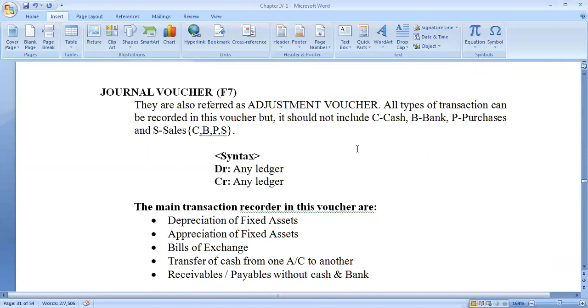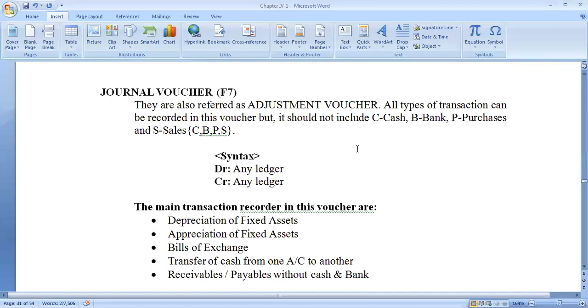Now, this is about the journal voucher. The journal voucher is with the F7 feature. So what actually is this journal voucher? Journals are certain adjustment entries which do not involve cash account and bank accounts, like the provision for liabilities, depreciation, etc. So, for example, any bad debts written off or any depreciation of fixed assets will be recorded in the journal voucher.